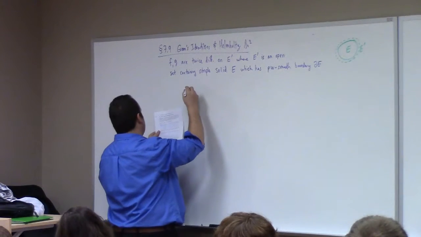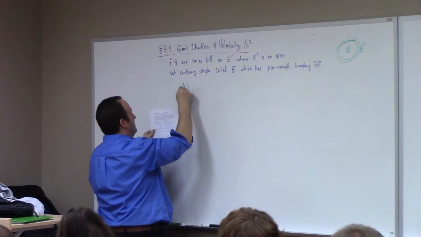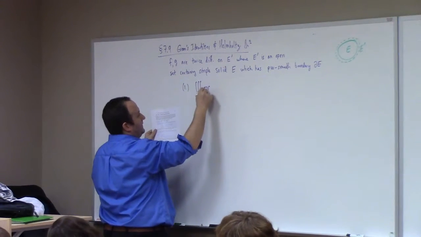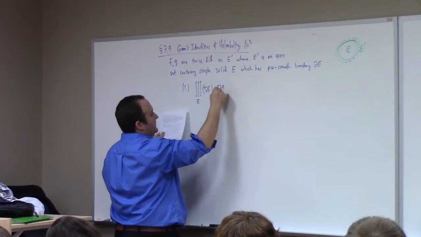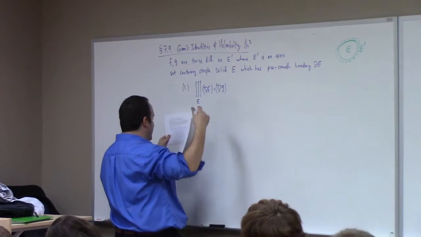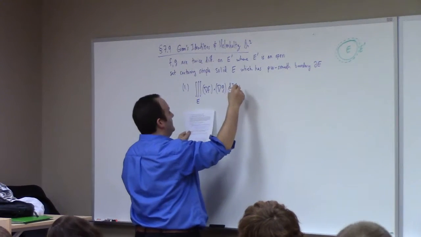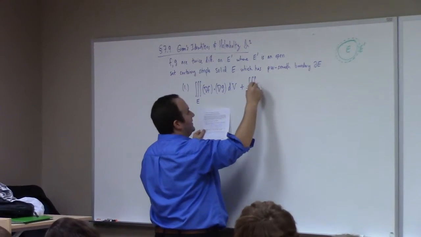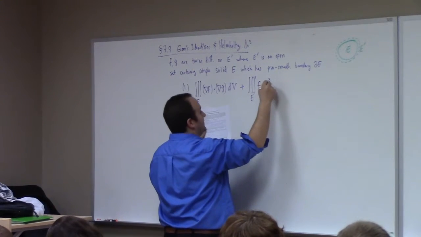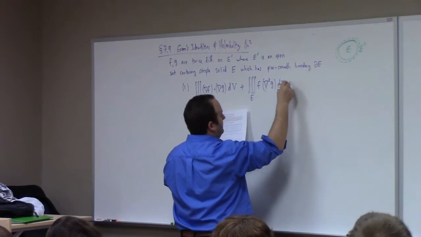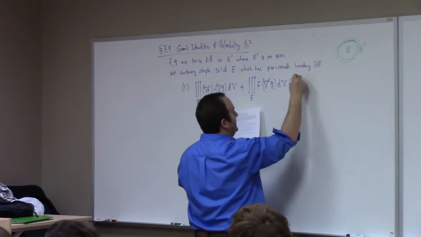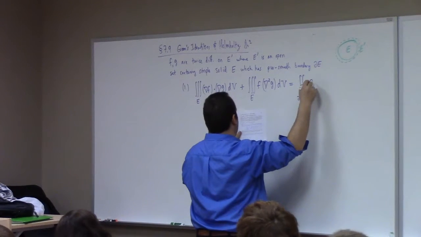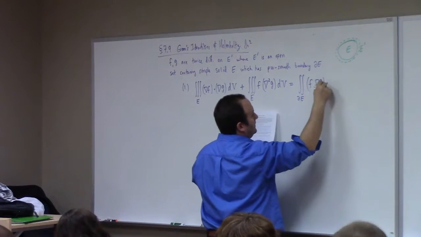Here are Green's first and second identities. First of all, the triple integral over the solid of the gradient of f dotted with the gradient of g, integrated over the volume, plus the triple integral over the solid of f times the Laplacian del squared g dV is equal to the integral over the boundary of f times the gradient of g dot dS.